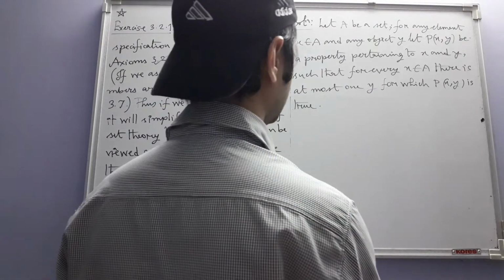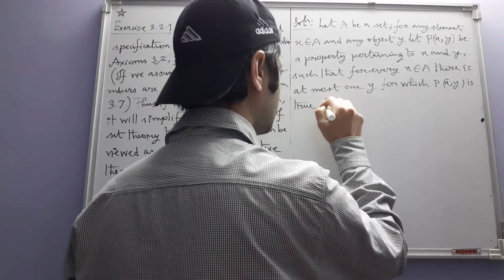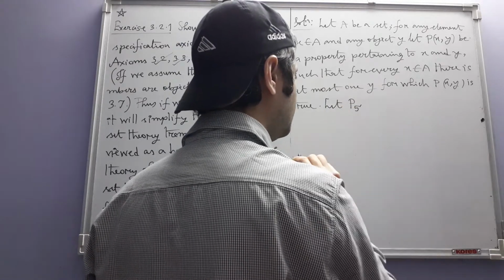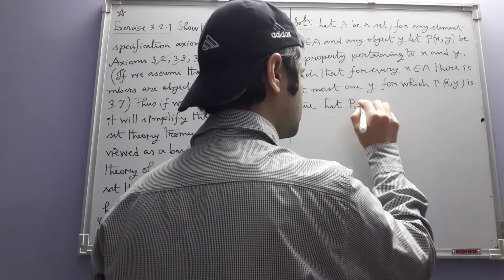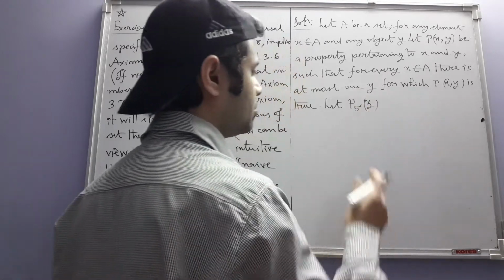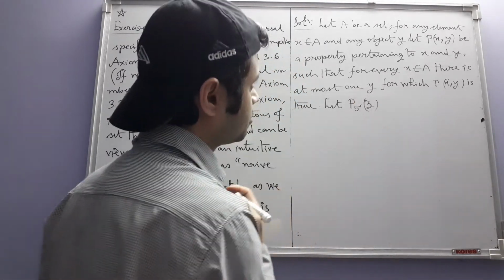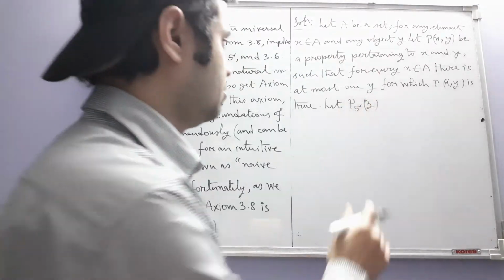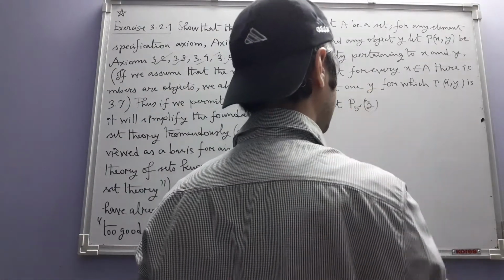Now we define our property. Let P5 set, or we can use y also here, but since we already have x and y, we will confuse it with that and we use z itself.